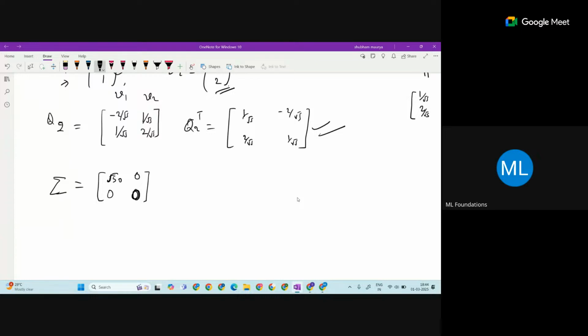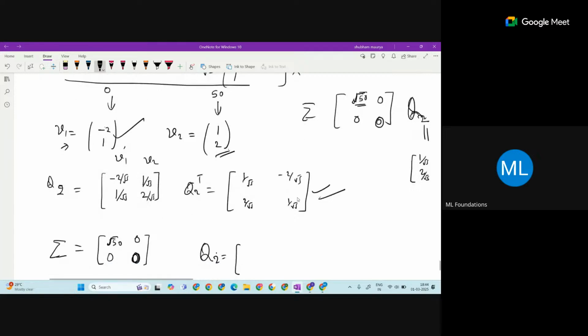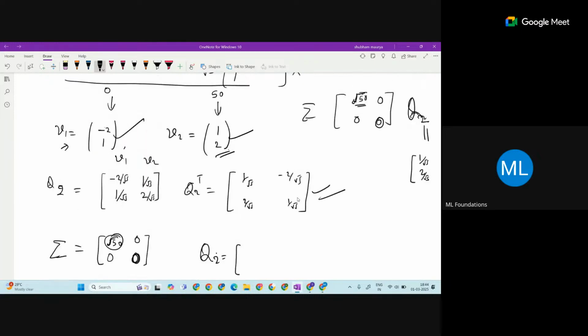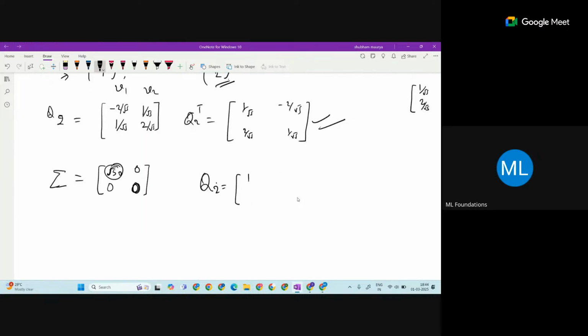This is our sigma. Now we'll construct Q2. Q2 is going to be the normalized eigenvectors. First we'll write for 50. The eigenvector for 50 is 1 and 2, and the normalized form is with root 5.